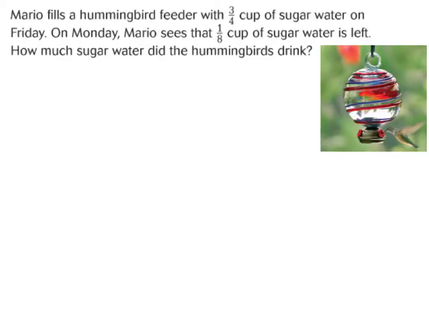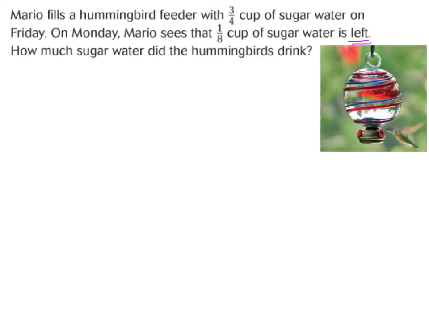Here's our next problem. Mario fills a hummingbird feeder with 3/4 cups of sugar water on Friday. On Monday, Mario sees that 1/8 of the cup of sugar water is left. How much sugar water did the hummingbirds drink? Well, I know that I'm trying to find how much they drank, and I know how much is left.